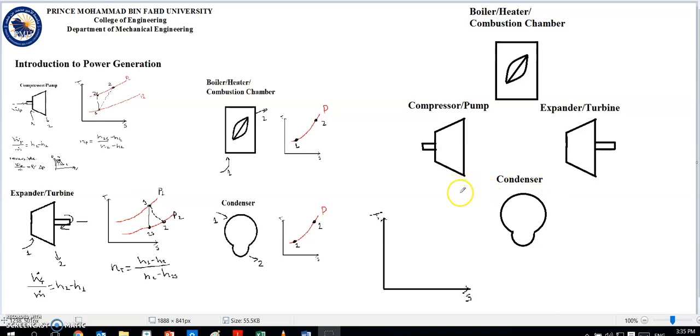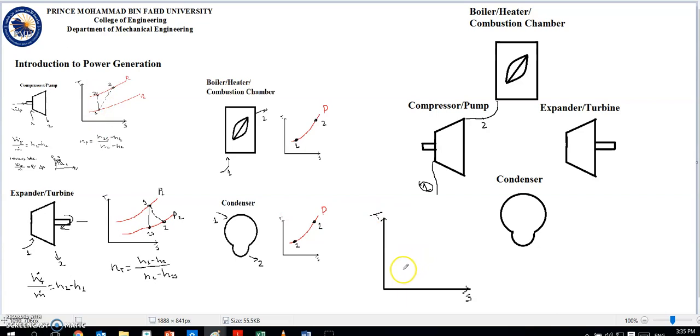So we'll get fluid in the compressor at position 1. Okay. The compressor will compress the fluid and exit at 2. So we said this process happens ideally isentropic.